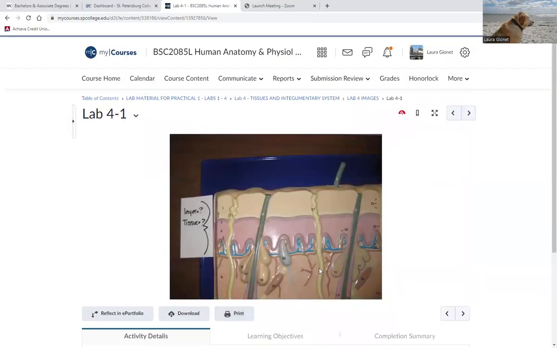So here we have layers of, well, you can't see the whole thing, but this is one of those big cookie sheet models, and we've zoomed in on the upper layer. Here this tannish region is essentially the keratin in your skin.